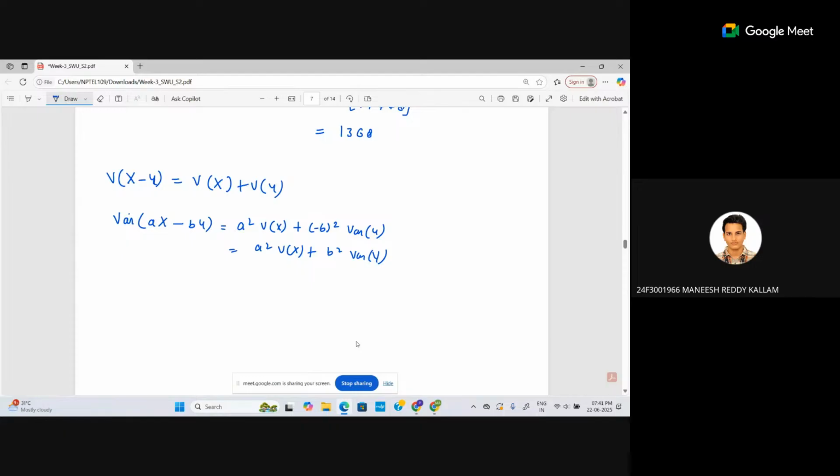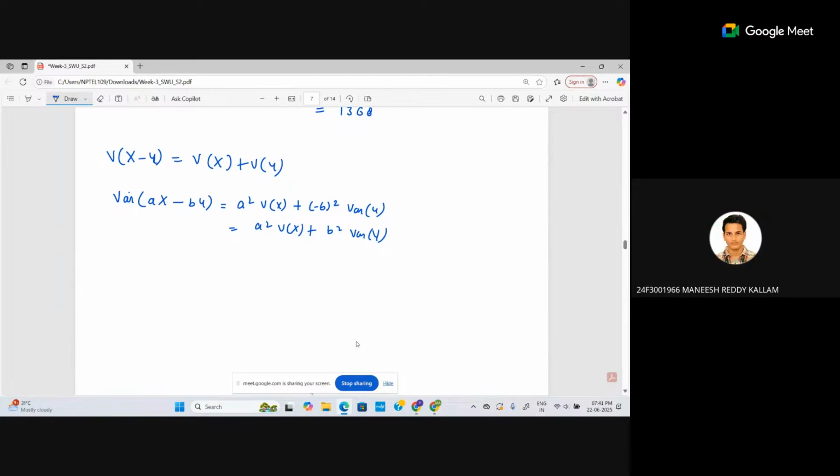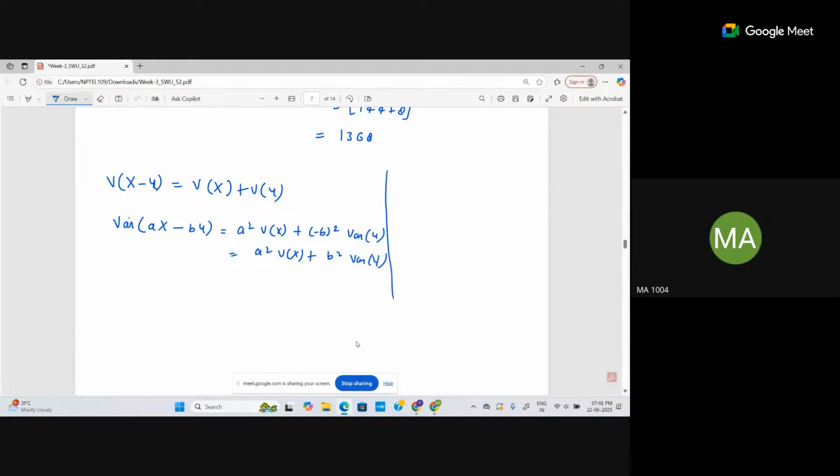Yes, ma'am, I understood. Also, both should be independent, because if they are not independent, covariance terms also come in when you calculate variance of x plus y.